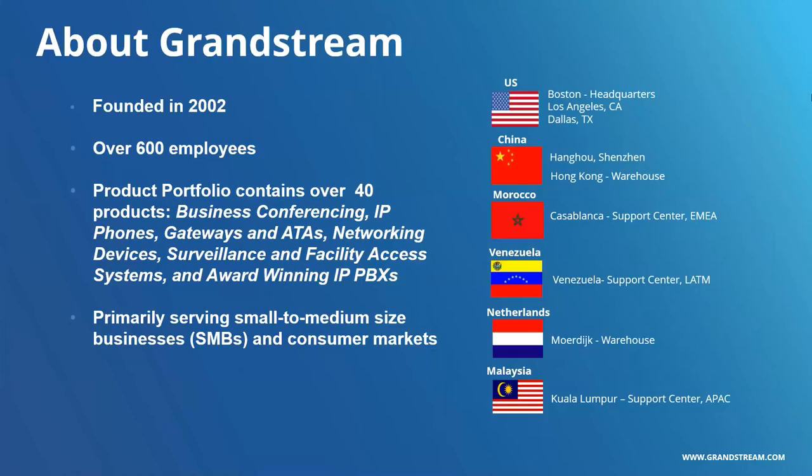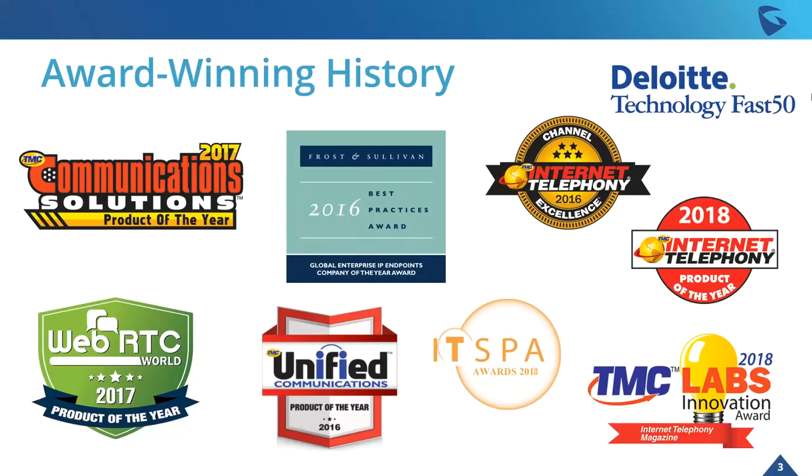We primarily serve the small to medium-sized businesses and consumer markets. We are a global company, so we have offices located all over the world, from the US to Malaysia. We have that award-winning history, which is always something we like to brag a little bit about. Everything from our TMC awards, our Frost & Sullivan awards, and our ITSPA awards.